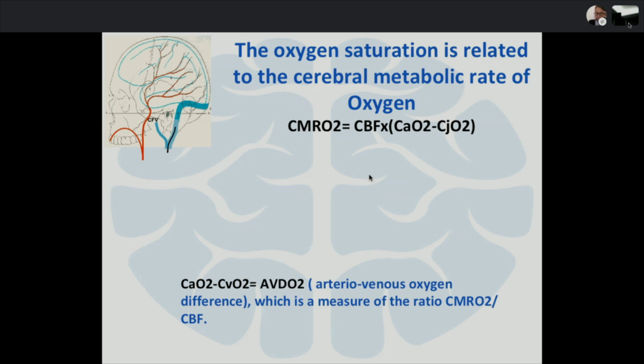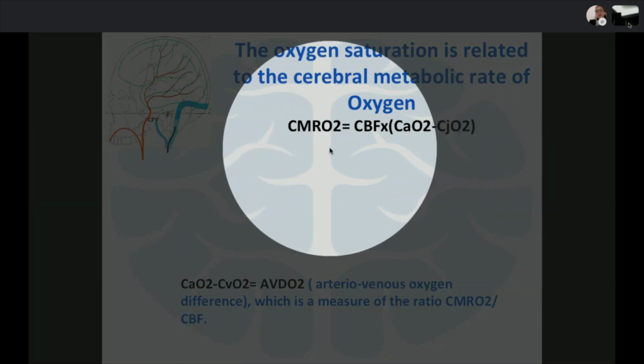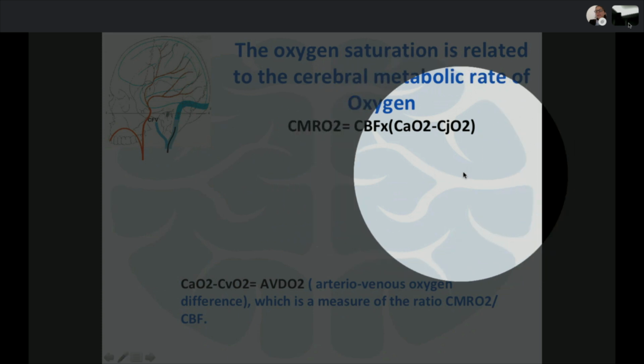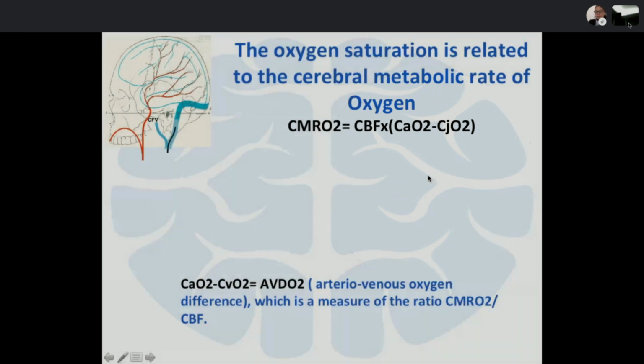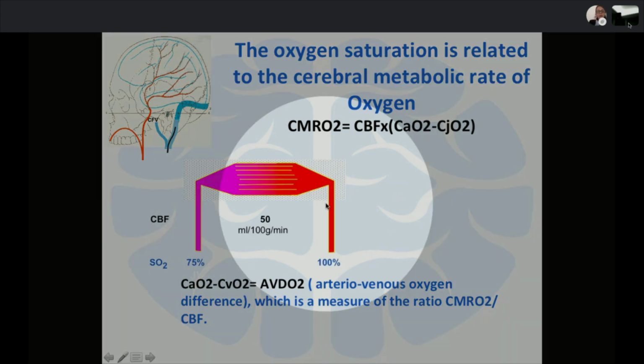This is still pathophysiology, sorry again, but the oxygen saturation that we can measure in the jugular bulb is related to the cerebral metabolic rate of oxygen, and this is a very interesting formula. The metabolic rate is directly correlated to the cerebral blood flow and the difference between the oxygen in the arterial compartment and in the venous compartment. To make things easier, have a look at this drawing.